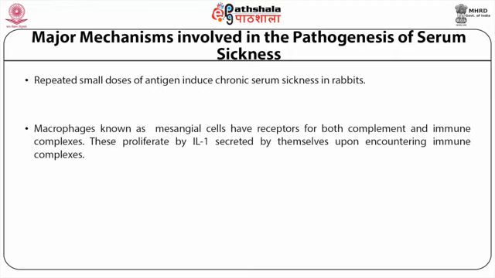These proliferate by interleukin 1 secreted by themselves upon encountering immune complexes. A thin section of glomerulus with immune complex mediated lesions is shown on the right hand side. It shows proliferation of mesangial cells and deposits of immune complexes in the glomerulus.